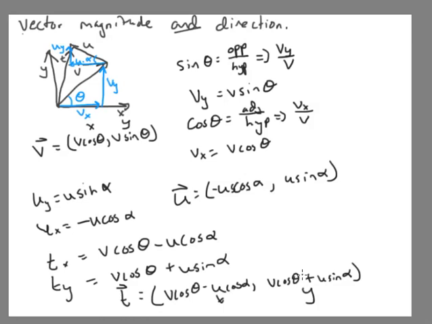Now what we need to do is figure out what the magnitude of t is and what direction it points in. So if we go back to looking at, say this is t, and we have our t of x, and we have our t of y. This is the hypotenuse, these are the two sides.